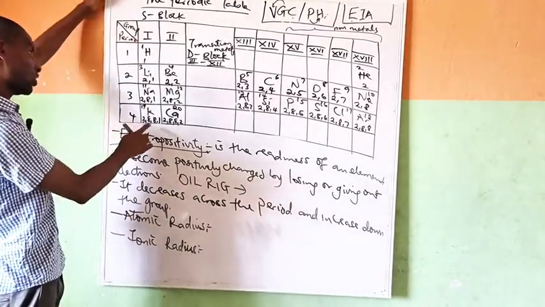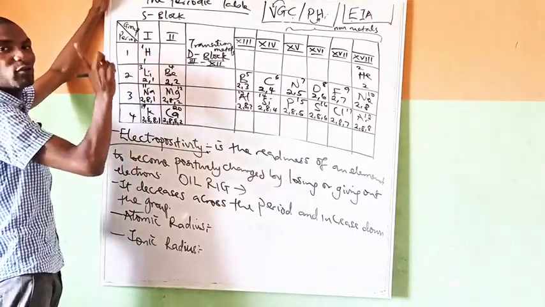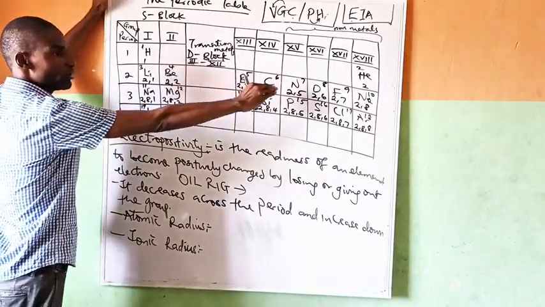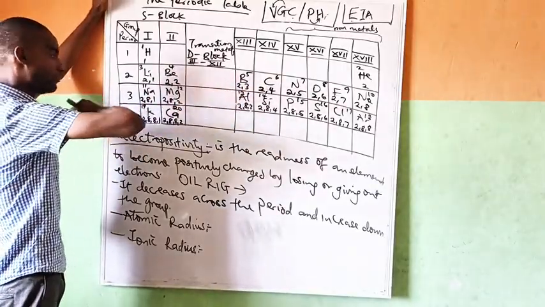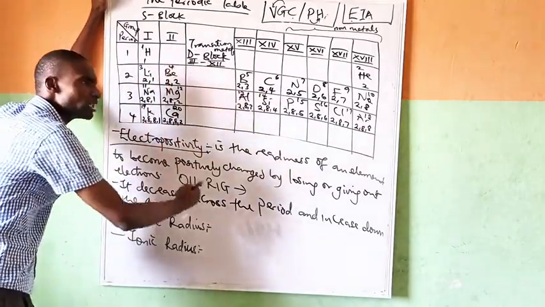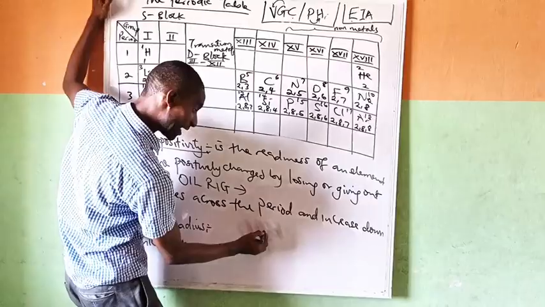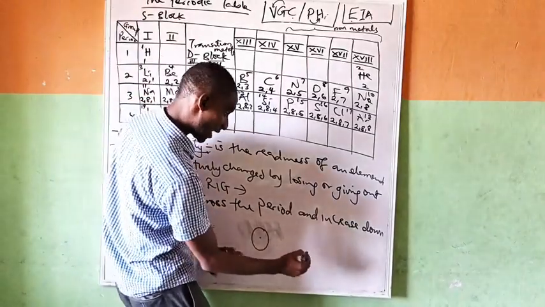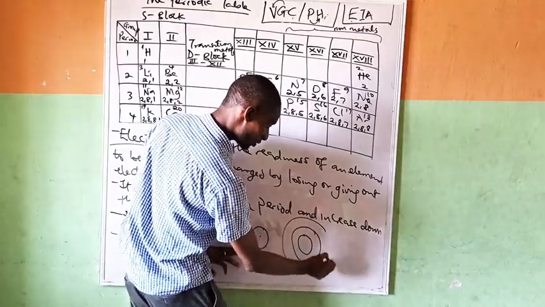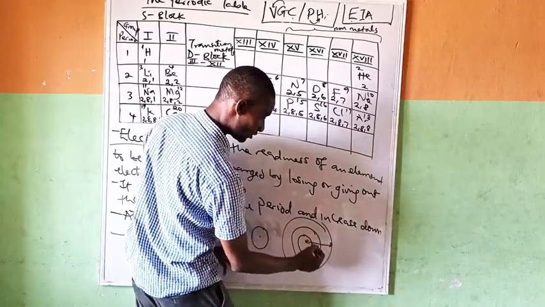And let me give you that periodicity. If you recall, I told you period 4, they have 4 shells. Period 1, they have 1 shell. So 1 shell in period 1, 2 shells in period 2, 3 shells in period 3, 4 shells in period 4. As they are coming down the group, the number of shells is increasing. So if an element has just 1 shell and another one has 4 shells, who amongst them will have a longer radius?